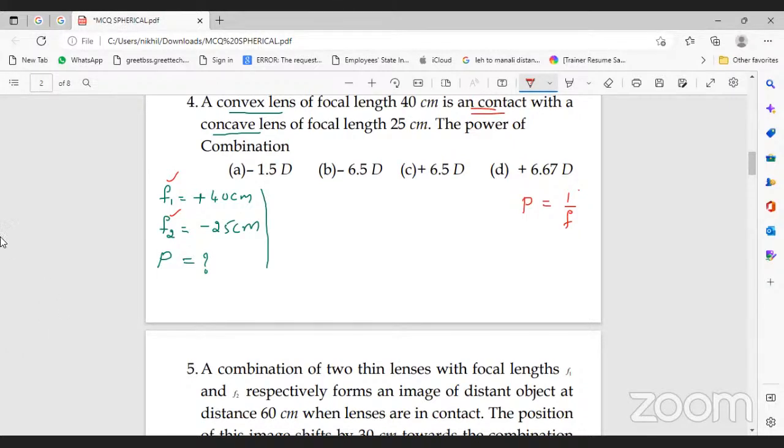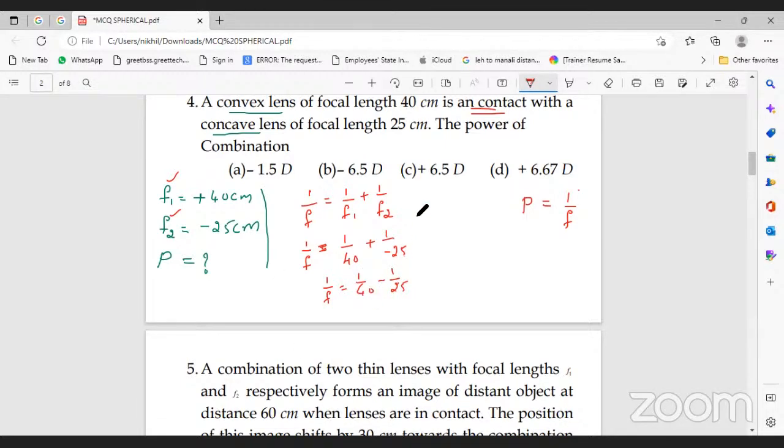When they are in contact, effective focal length 1 by F is equal to what? 1 by F1 plus 1 by F2. So 1 by F equals 1 by 40 plus 1 by minus 25. So 1 by F equals 1 by 40 minus 1 by 25.